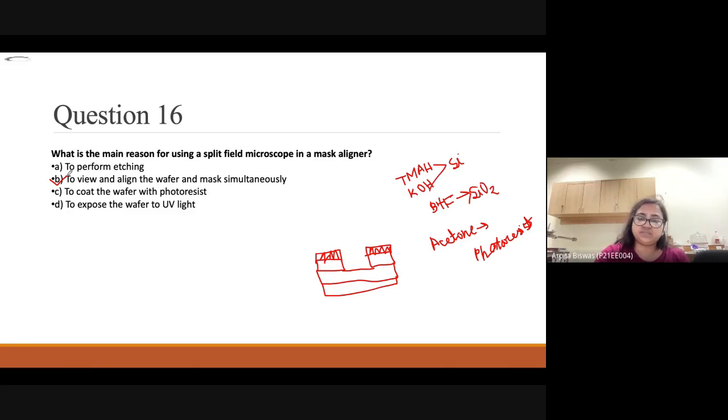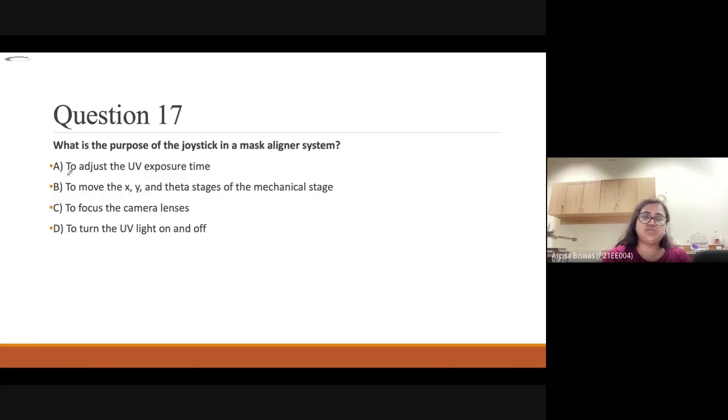Okay. This is question number 17. What is the purpose of the joystick in a mask aligner system? First, to adjust the UV exposure time. Second, to move the X, Y, and theta stage of the mechanical stage. Third, to focus the camera lenses. Fourth, to turn the UV light on and off.